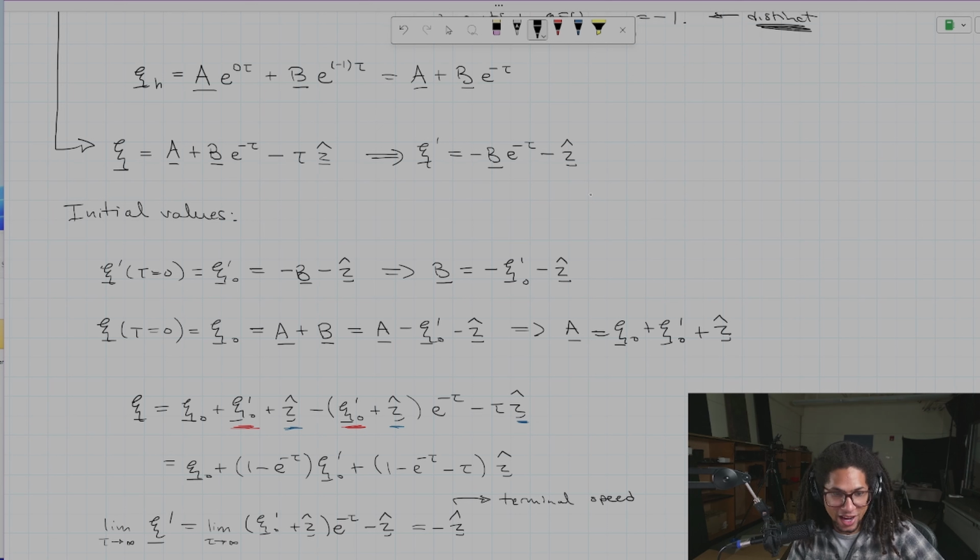Because we're dealing with non-dimensionalized quantities, all we need to do to figure out the redimensionalized version is multiply by the combination of reference constants that has the correct dimensions. So the terminal speed is -1 because it's just the coefficient of this minus z hat in non-dimensionalized quantities.